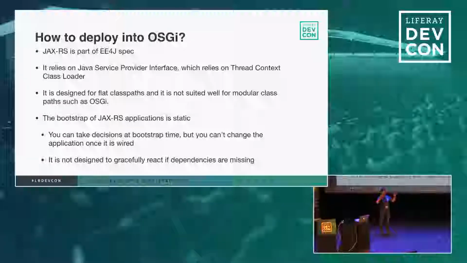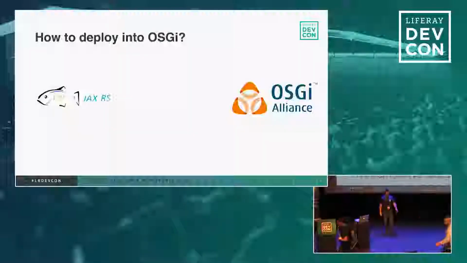But once your application is up, it's up, and you can no longer change it. What you deployed is what it is, and there's nothing you can do. So it's not designed to gracefully degrade or react if dependencies are missing, or if they come and go, and stuff like that.